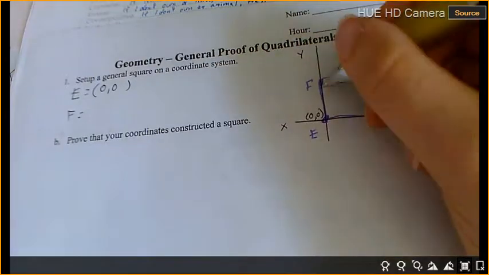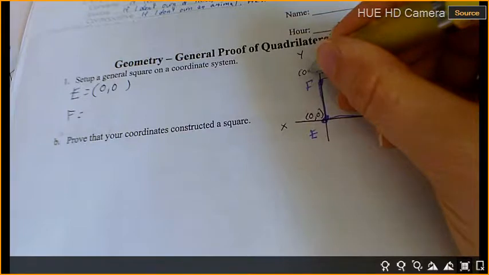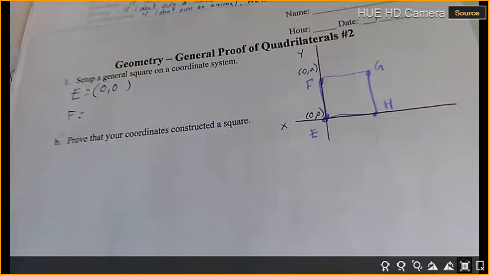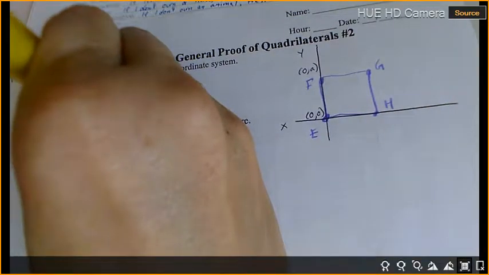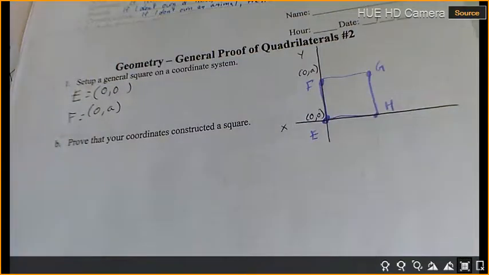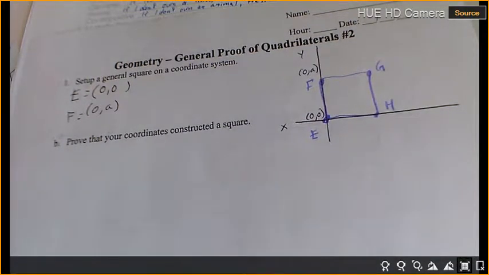Okay, now I want F. We could call it 0, A, that's fine. Yeah, I can slow down a touch. So the problem with 0, F: what do we know about squares? All the what have to be the same? All the sides, all the lengths have to be the same.